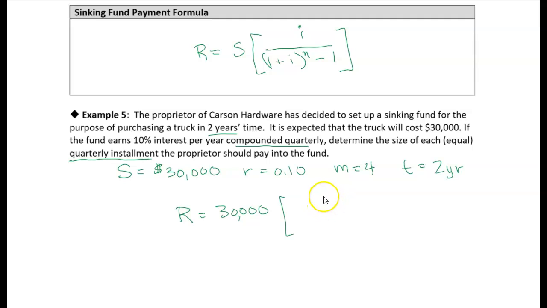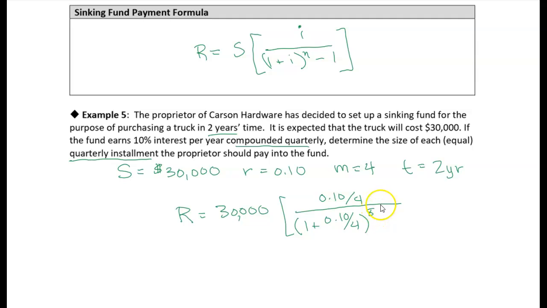We have I, which is the interest rate per conversion period, so we take the nominal interest rate and divide by 4. This is all over 1 plus 0.10 divided by 4. We have M is 4, and we need it in 2 years' time, so that's 8.